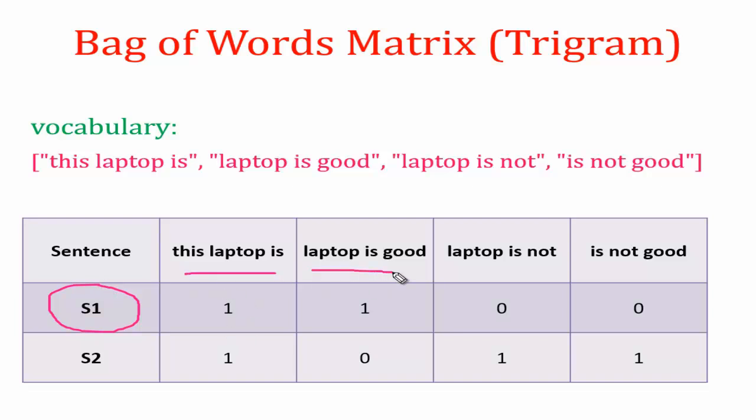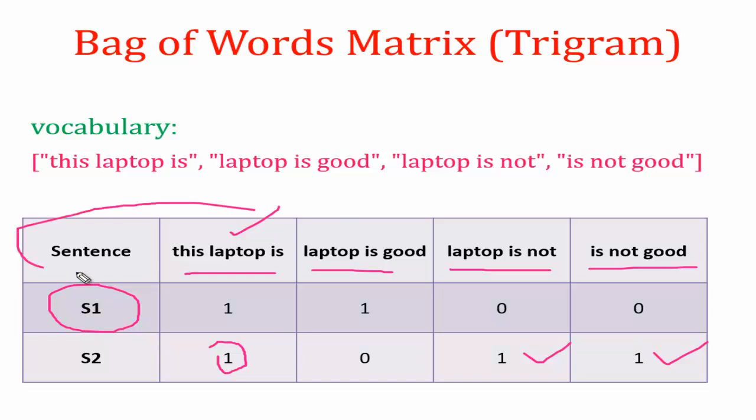In sentence 2, we still have "this laptop is", but now we also get "laptop is not good". Notice how "laptop is not" and "is not good" appear only in sentence 2. So now the model understands longer phrases, not just one or two words. This helps the model capture more context and meaning from the sentence. Hope all of you are clear with trigram, where we are taking three words from the sentence to form a trigram that you can see here, right?